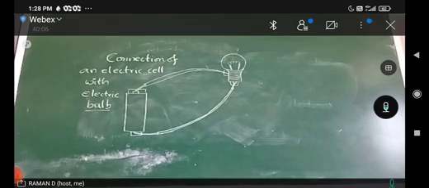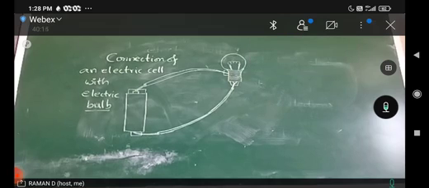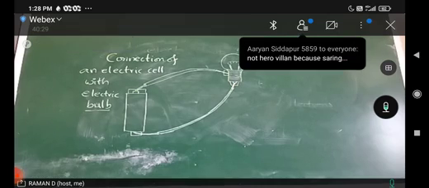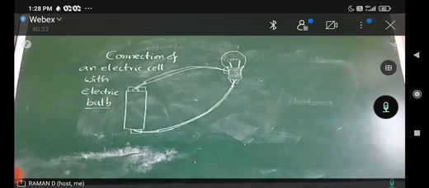In the same way you attach one end of another cable to the base of the electric cell, that is the metal disc of the electric cell, and the other end of the cable you attach to the metal tip of the bulb. Then the flow of electricity takes place and the bulb glows. When the bulb glows, from where to where do the electrons or the electricity flow?